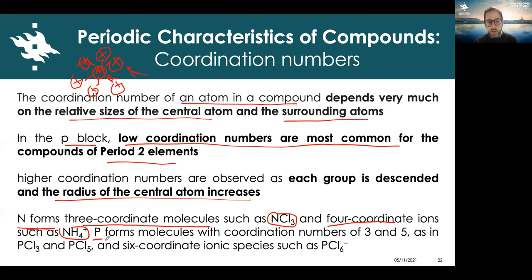Phosphorus can form molecules with coordination numbers 3 and 5, as shown by the chlorides, and also 6-coordinate species, such as this chloride, for example. So as we go down the group, higher coordination numbers can therefore be achieved.